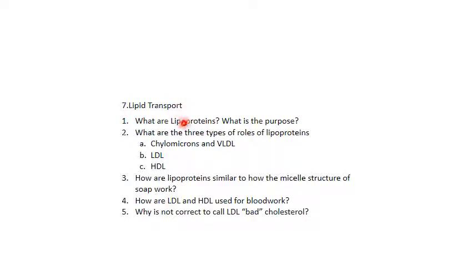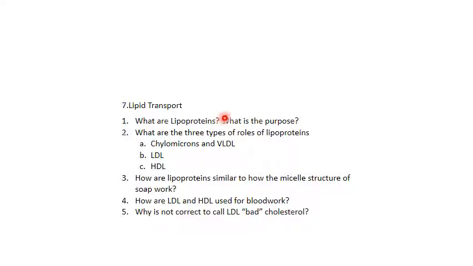lipid transport. Okay, what are lipoproteins? Lipoproteins carry lipids through the blood. Why do you need to do that? Well, if you didn't have lipoproteins, if lipids got into your blood, they would basically just clog up your blood because water and oil don't mix, and you die.